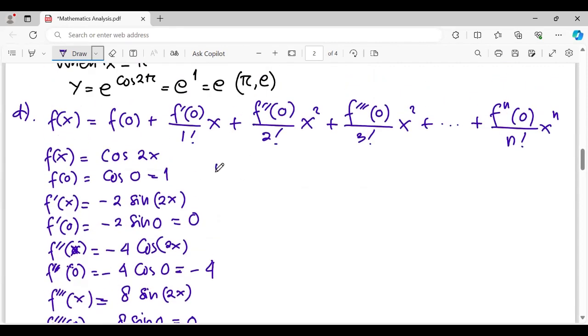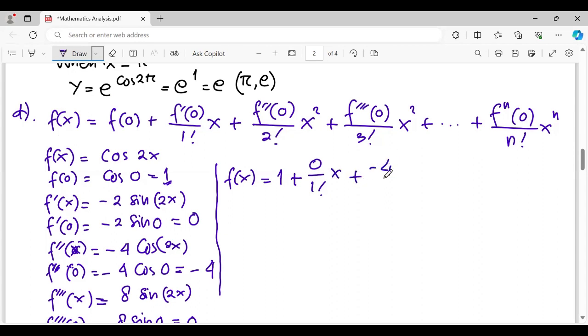Now we create the series. The Maclaurin series becomes f(x) equals 1, and then plus 0 over 1 factorial x, which equals 0.